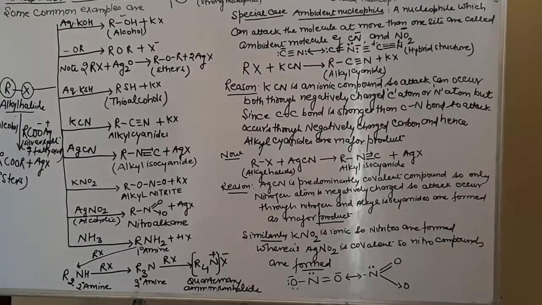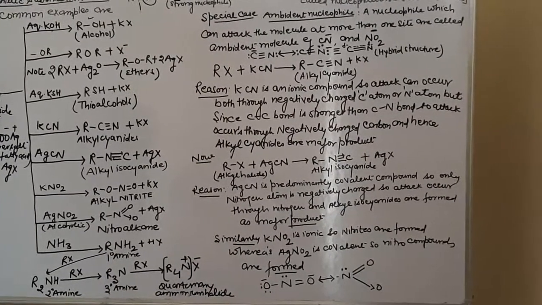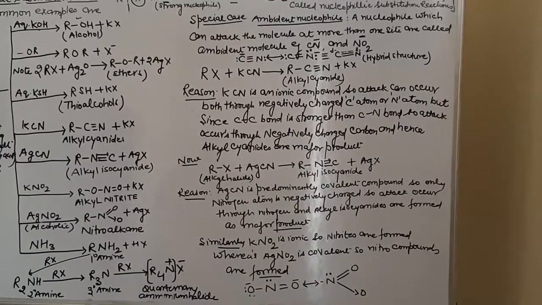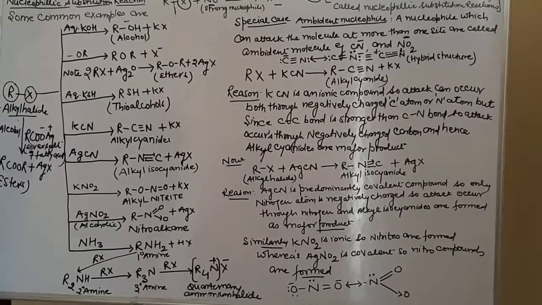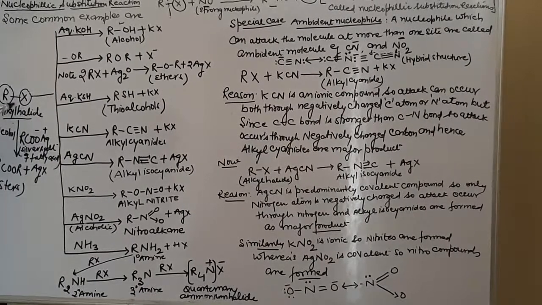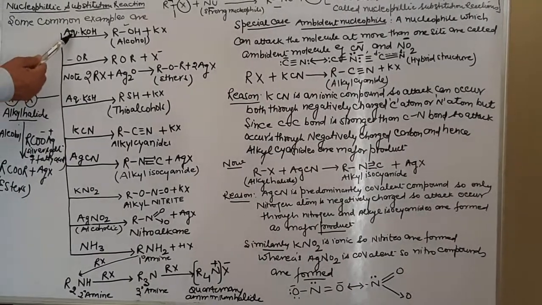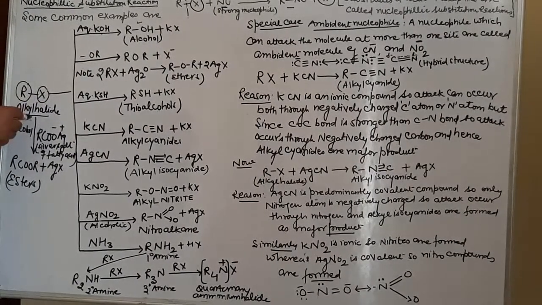Nucleophilic substitution reaction is a major concept of this chapter. The conceptual part of this will be discussed in detail in the future lectures of this chapter. But today we are trying to understand what nucleophilic substitution reactions are. So when alkyl halide is made to react with aqueous solution of potassium hydroxide, this R-X bond will cleave.